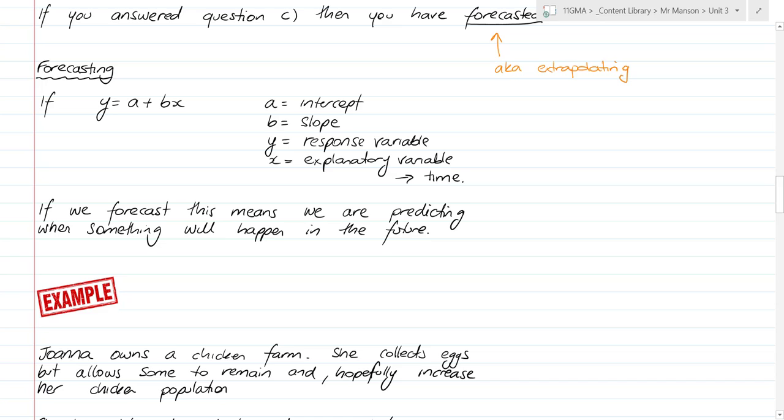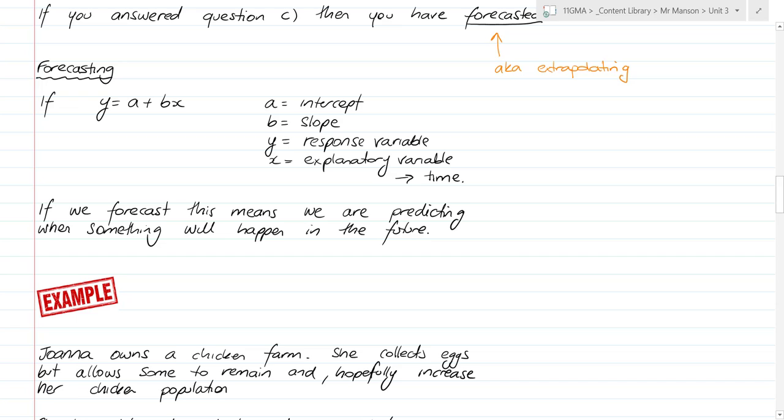We're talking about time here. It's a time series type question, but you can obviously predict in the future or extrapolate bivariate data that isn't based on time. It's just not called forecasting. Forecasting is a specific term for time-based data, predicting something will happen in the future.